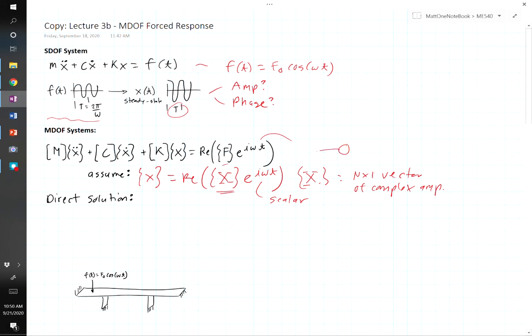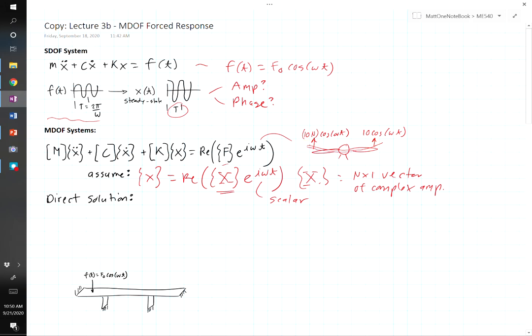A couple examples. One simple example is, suppose we have an airplane. One way we could get this is if we had two forces. Say over here we pushed with 10 newtons times cosine omega t, and over here we could also push with 10 newtons cosine omega t. And that would want to excite the first bending mode of an airplane.